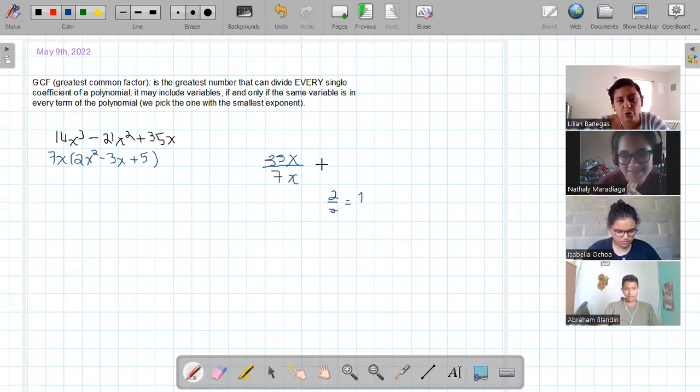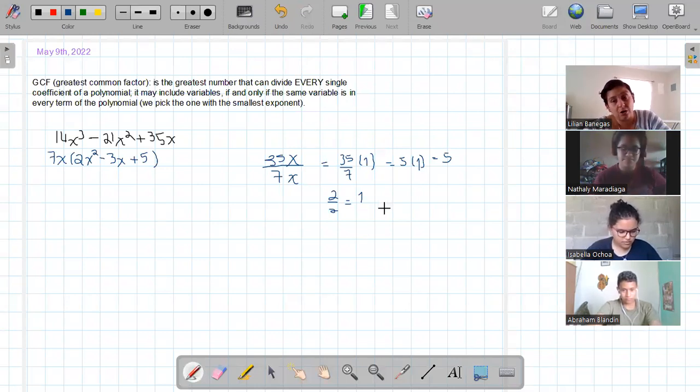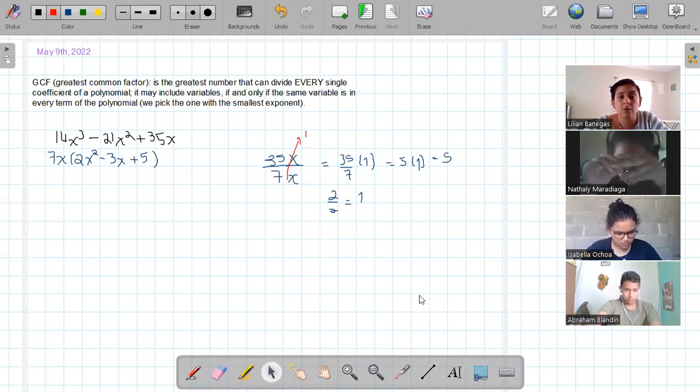So x over x will also be 1. Now I simplify the 35 over 7. That is 5 times that 1. It becomes a 5. So that's why I told you that it disappears, because we're doing this procedure mentally, okay? We're making this x a 1. So that's why it's just the 5.